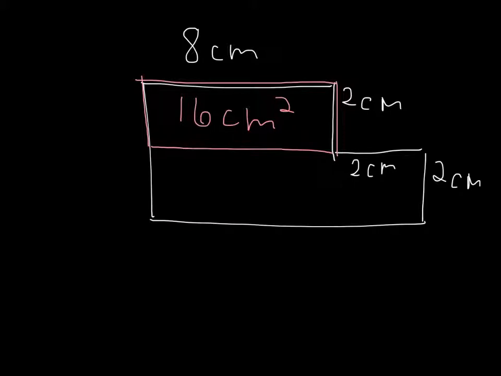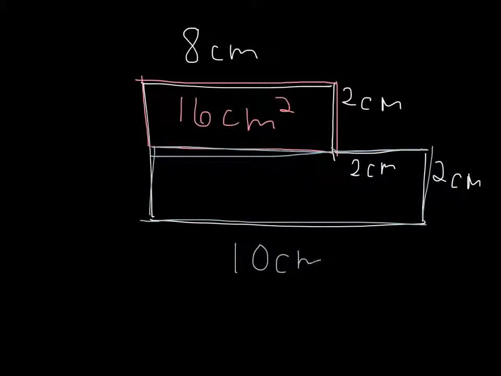And then we would look, and there's another rectangle at the bottom. And the rectangle at the bottom is also 2 tall, but we'd actually recognize that it is 8 and then 2 more, and so it is 10 centimeters at its base. And so its side lengths are 10 and 2, and we would do 10 times 2, which would be 20 square centimeters.